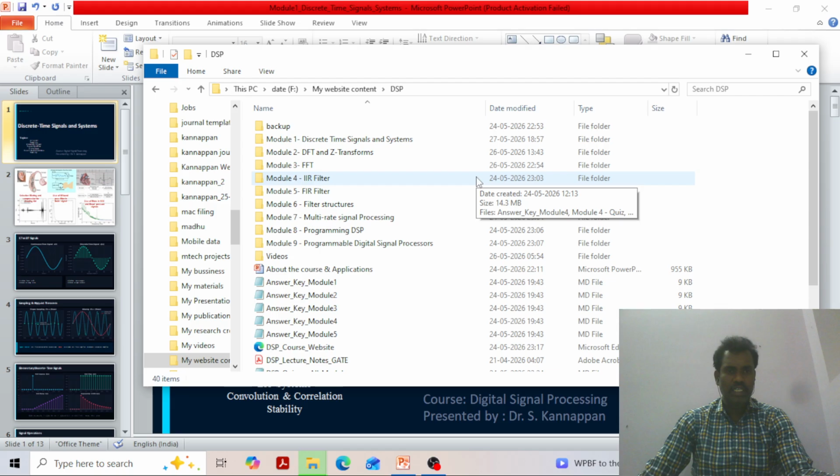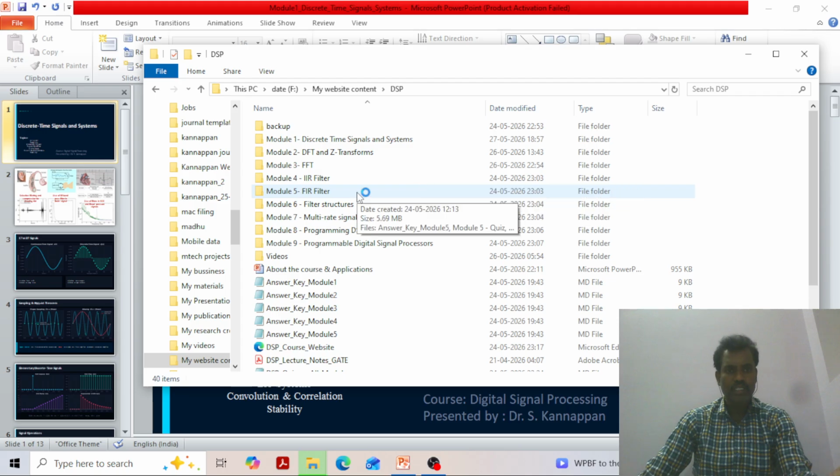Module 3 covers the fast Fourier transform algorithm. It is an efficient algorithm to calculate the discrete Fourier transform, which is very much essential in most communication systems, and in all digital systems also. In modules 4 and 5, we are going to study digital filters and their design.